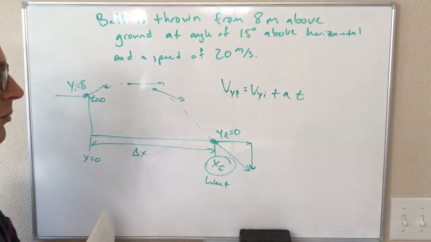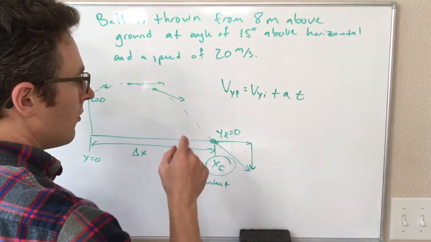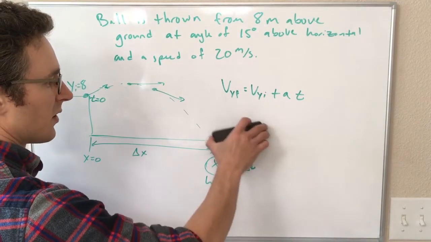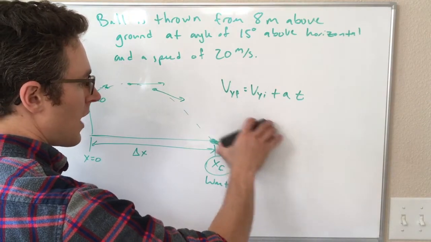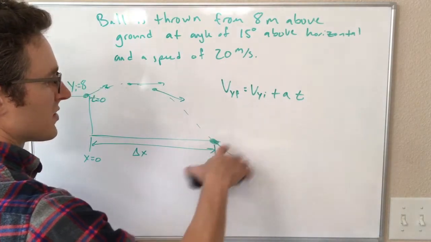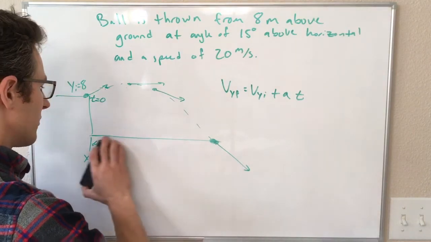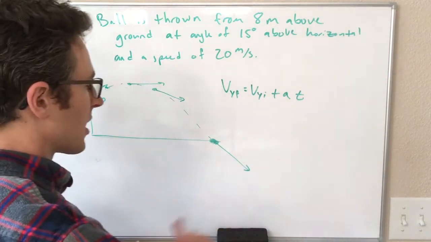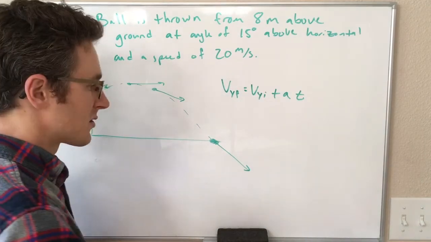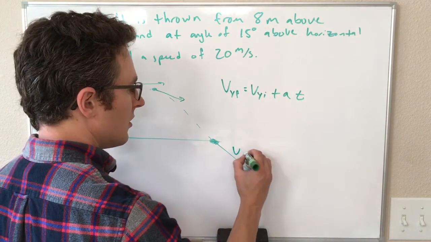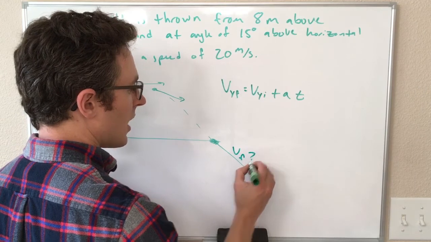I don't have the number. I'm not going to do that. The reason I'm asking about this is because it's a very common question to ask about how fast it is going when it hits the ground. So this would be a separate question from everything you've been asked here so far. I just wanted to talk about one other thing I could have asked for. So like, what is the final velocity when it hits the ground?